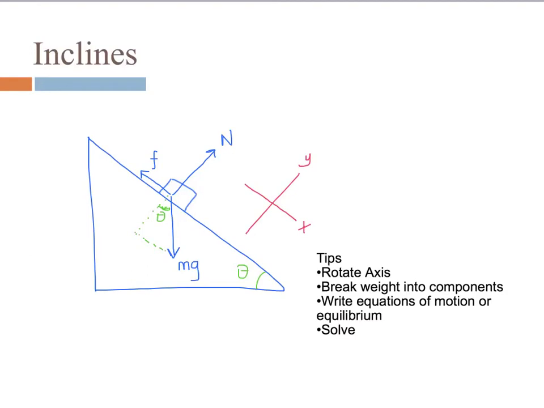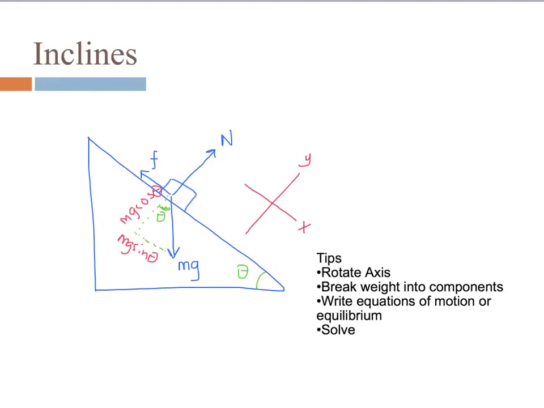So if I have an angle like this, then opposite of that angle will give me mg sine theta, so that becomes this piece down at the bottom. And adjacent to that angle becomes mg cosine theta. Again, once I break a force into its components, I really don't need that force anymore.